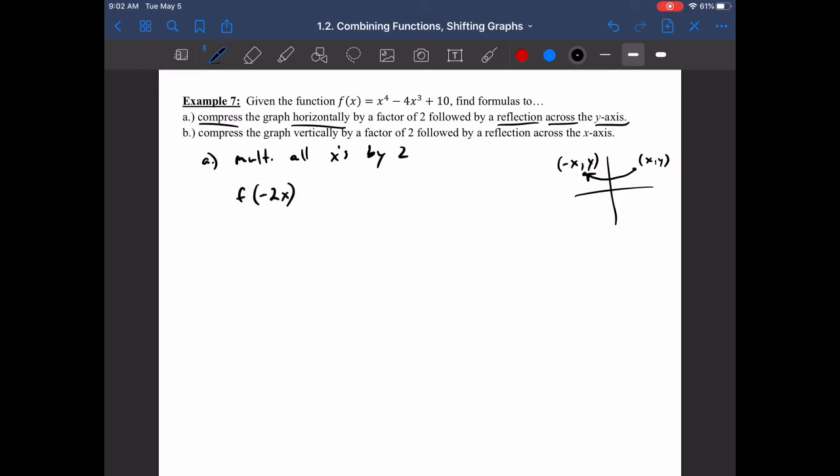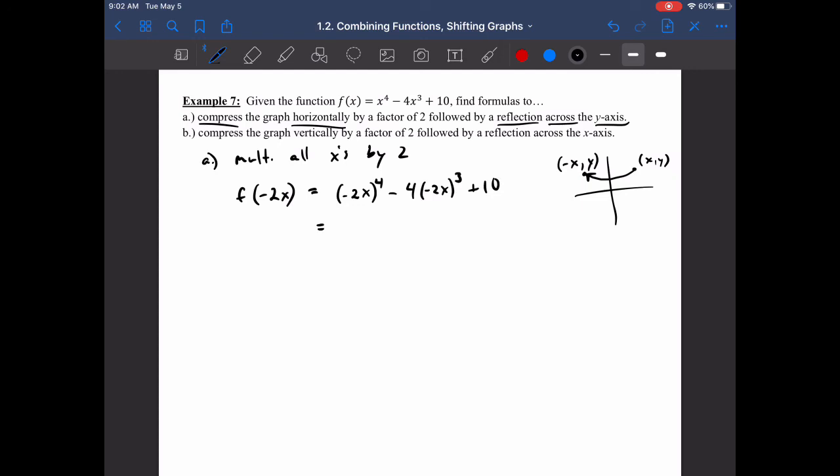We're going to replace all the x's with a negative 2x. We're multiplying it by 2, and we're multiplying it by negative 1. So we're getting both of those things all done at once. And so here we go, we can plug it in. We've got negative 2x all to the fourth minus 4 times negative 2x to the third plus 10.